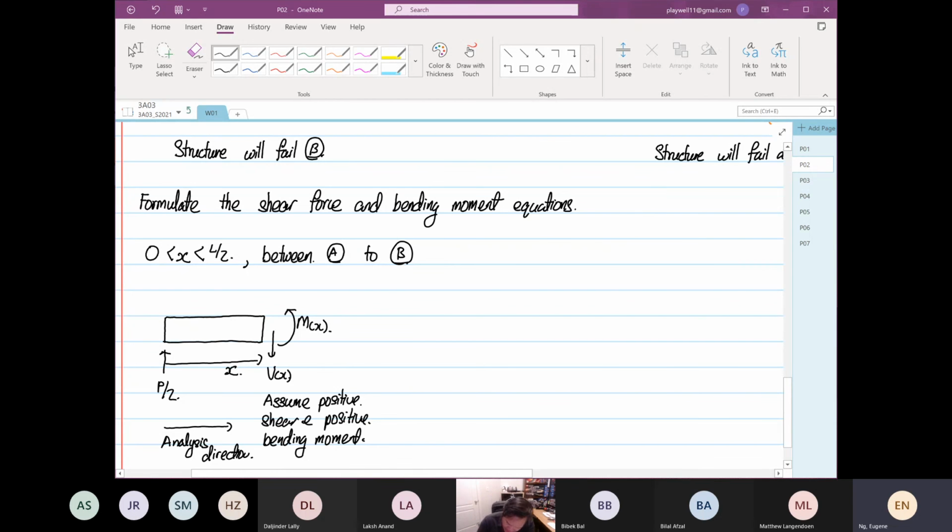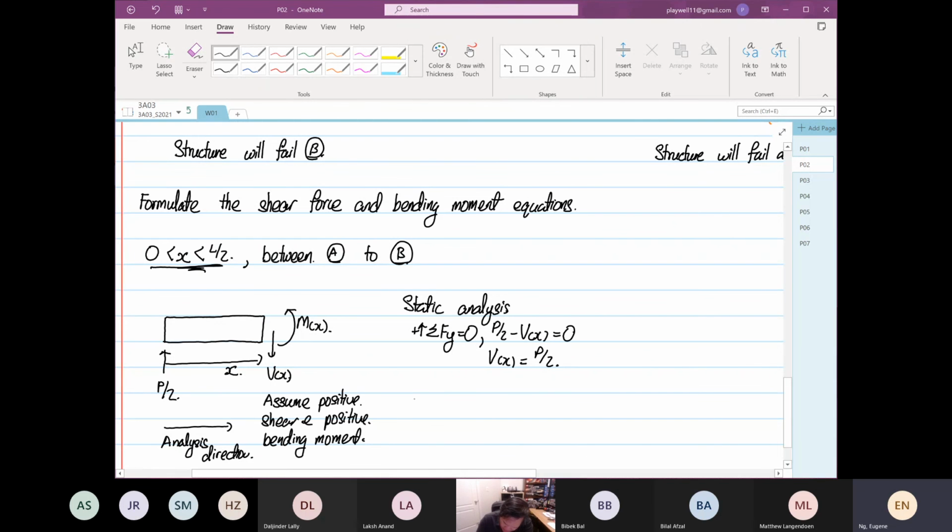When we do static analysis, positive is going up. So we have P/2 minus V as a function of X, the whole thing equal to 0. V as a function of X is P/2 in the limits from 0 to L/2.